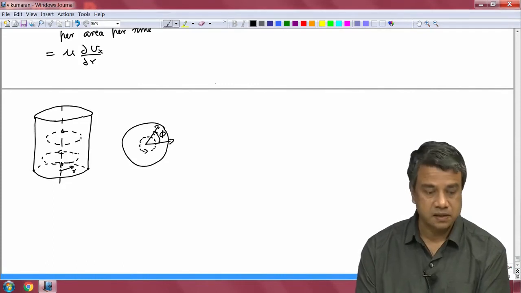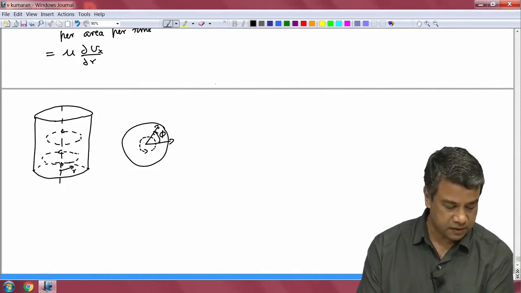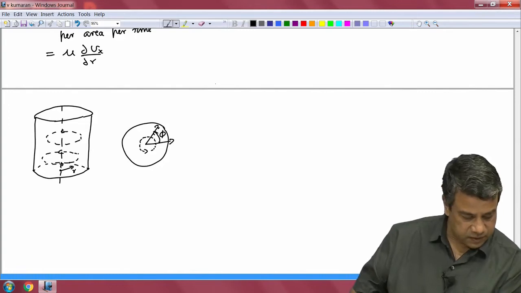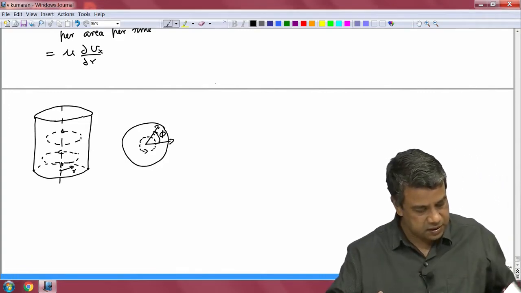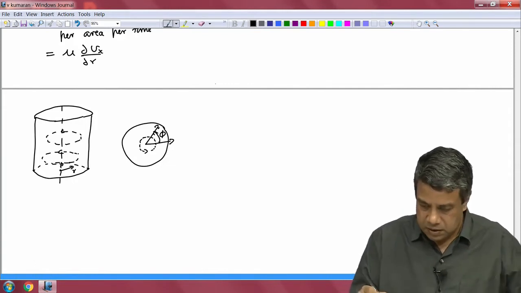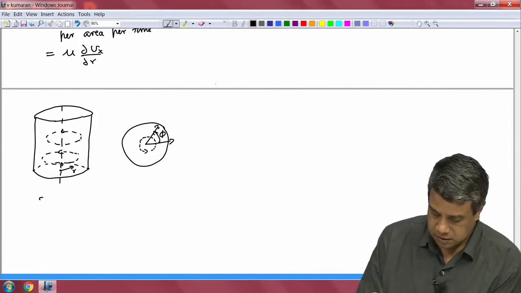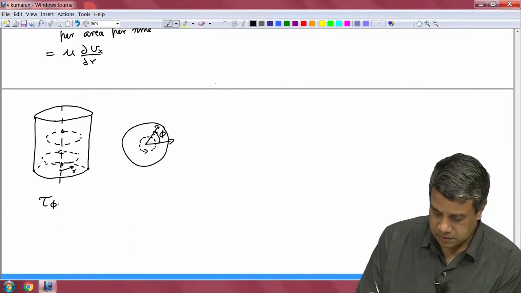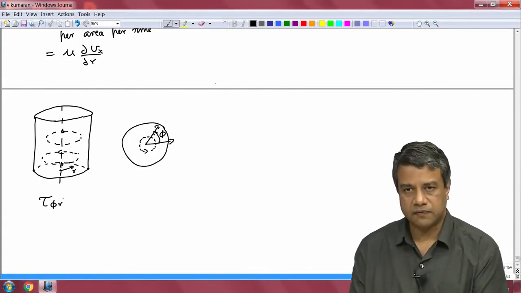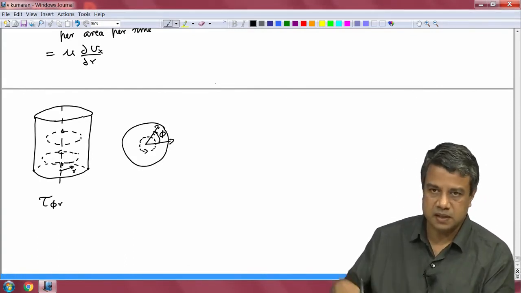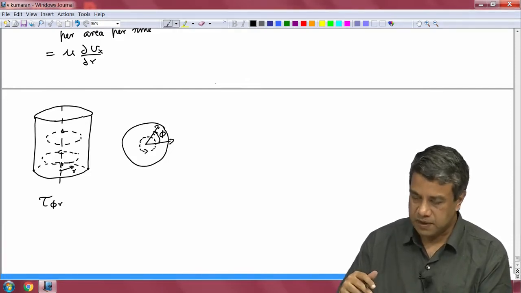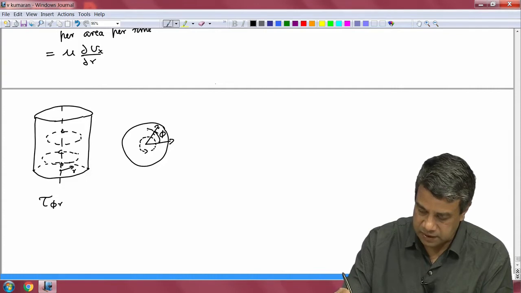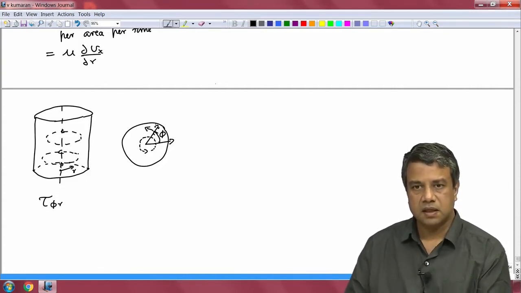In this case, the conservation equations are slightly different. The equation for the stress is given by the rate of transport of phi momentum, momentum that is in the phi direction around the axis.